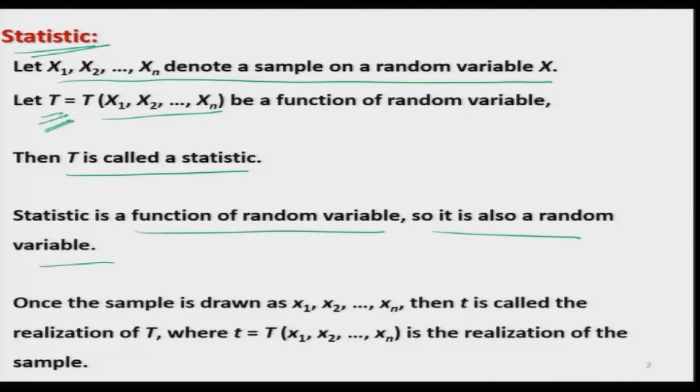Now we have understood two things, if you remember: capital X and small x. Capital X indicates the random variable and small x indicates the value of the random variable.